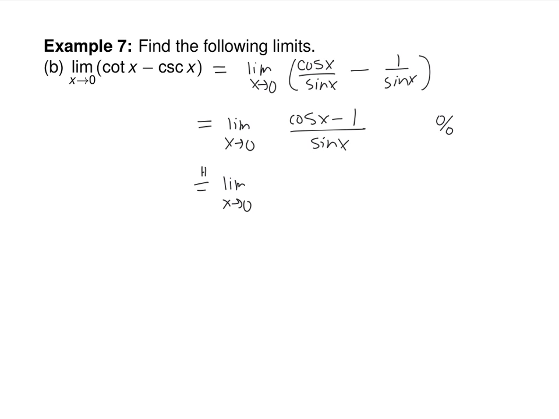Numerator's derivative is negative sine, right? Denominator's derivative is cosine. And is it okay or is it no right now? It's okay. It's a minus 0 over 1, right? Which is going to be 0. Okay.